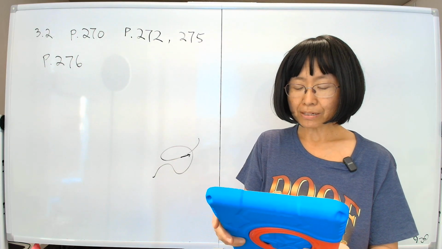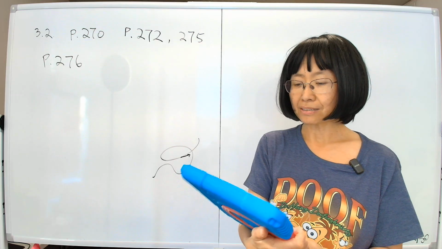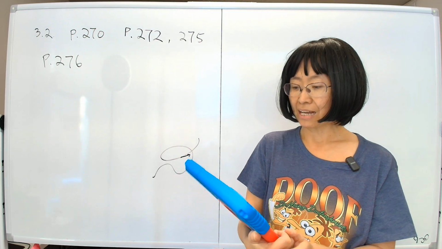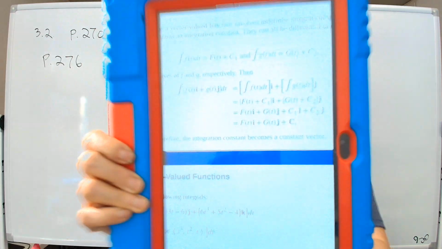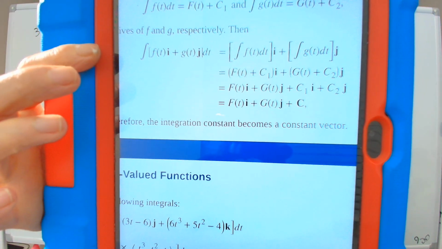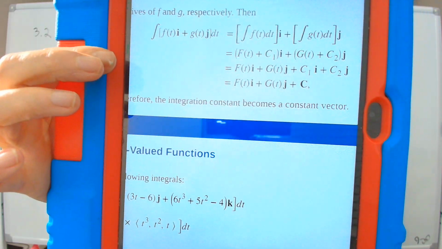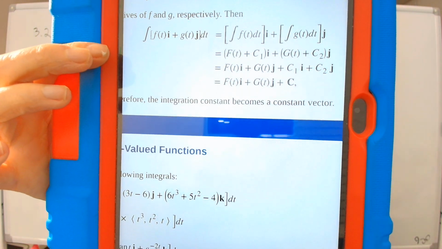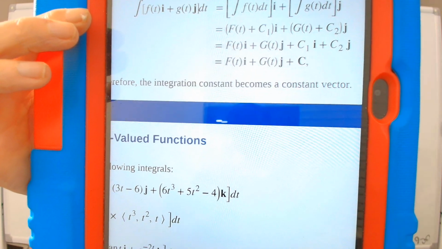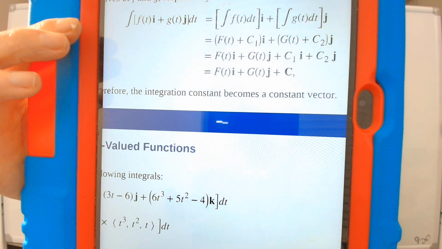Now, you remember that when you integrate, let's say, a 2D vector, the indefinite integral has a c attached at the end. In this case, our c is still there. For example, check out this 2D integral. We have an i and j, so you integrate each one. You have 2 constants, c1 and c2. The c1 will be combined with i, and c2 will be combined with j.